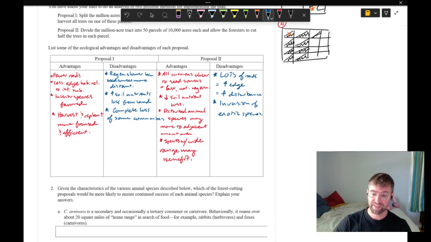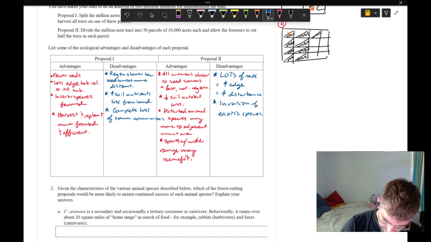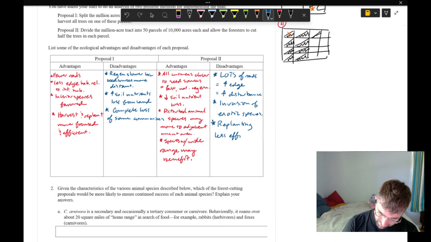Boaters basically bringing in these exotic shellfish that decimated local populations, and just from hitching a ride on machinery moving back and forth, creating new lanes. And finally, replanting efforts would be more diffuse and less efficient. So replanting less efficient.